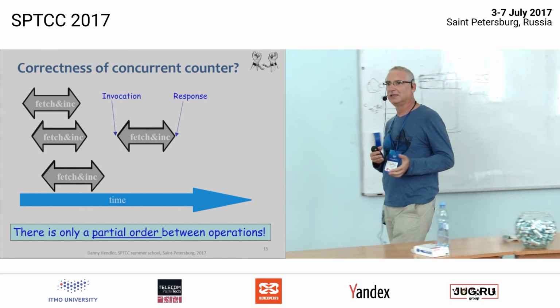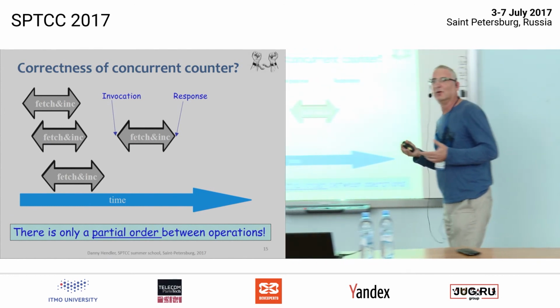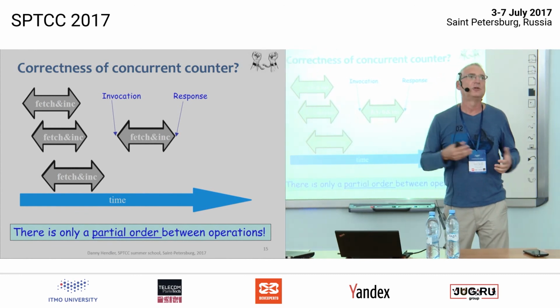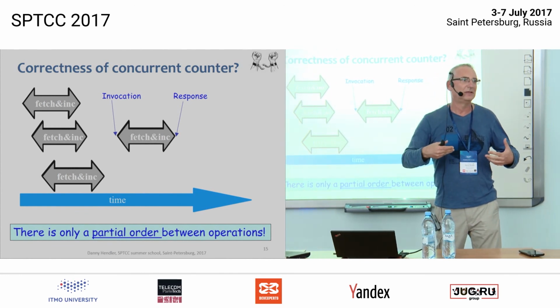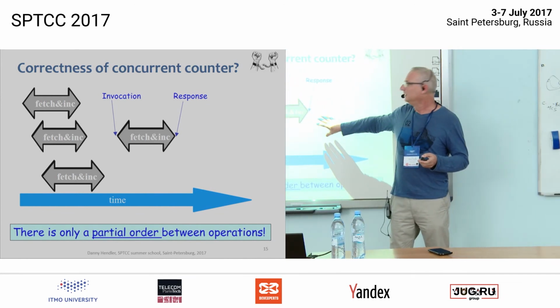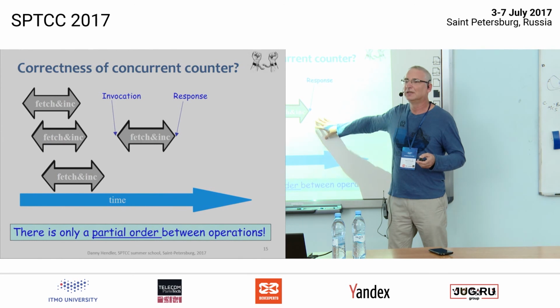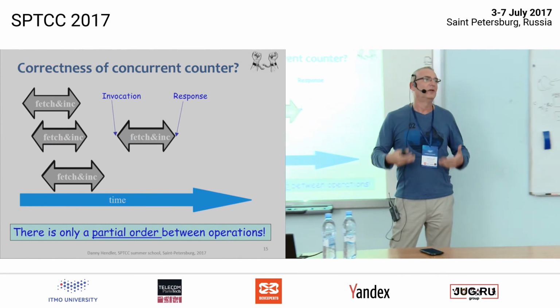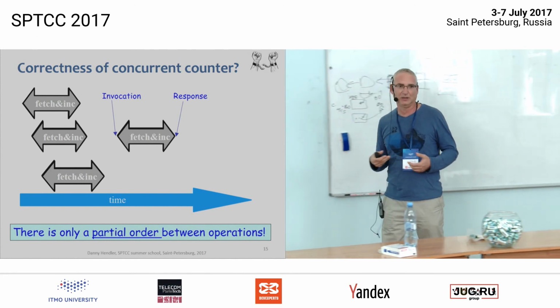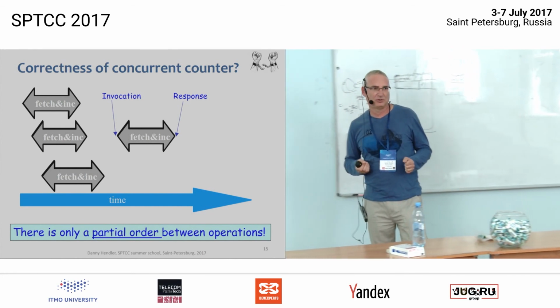In such cases, we cannot say which operation precedes which operation. So we need to define what it means for an implementation, a concurrent implementation that can yield such executions, to be correct. We need to be able to say when the execution is a correct execution of a concurrent counter, and when it is not.